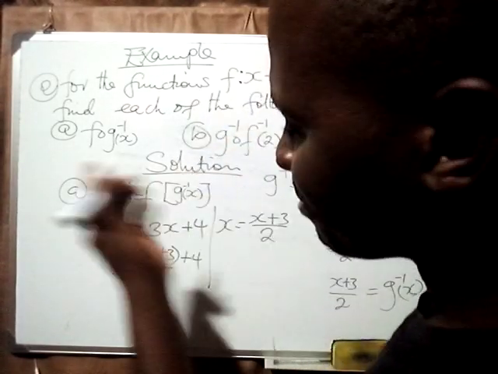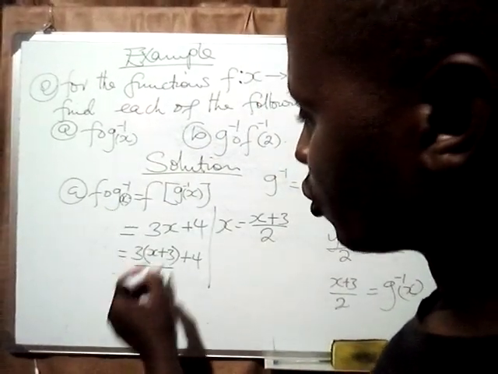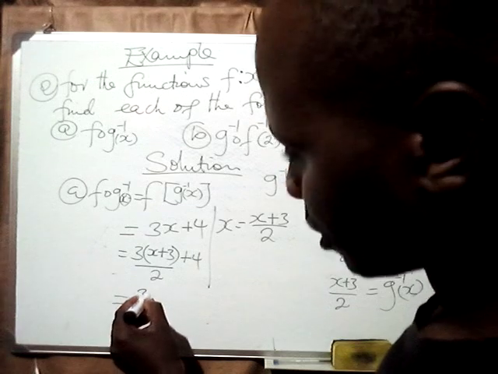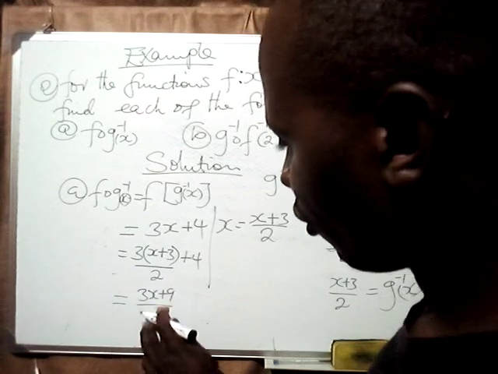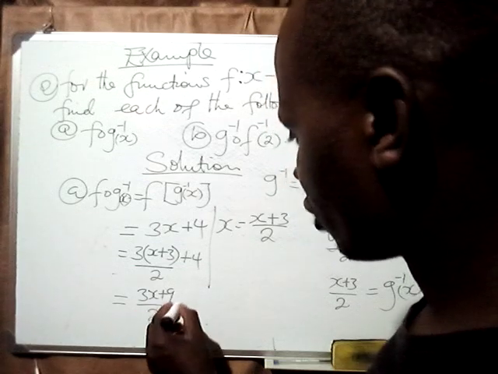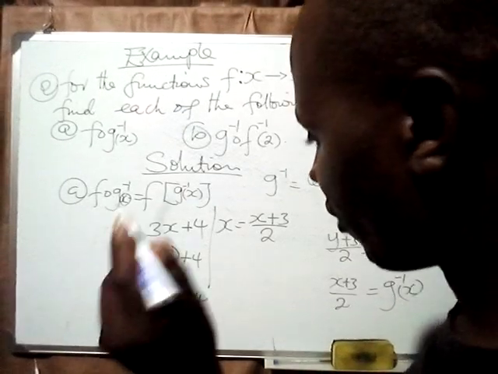So this marks the end. If you don't mind, you can expand it so that you have (3x plus 9) over 2 plus 4. Then there you say this one is over 1.